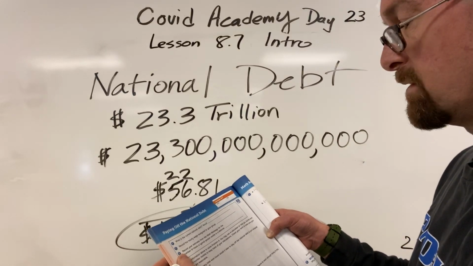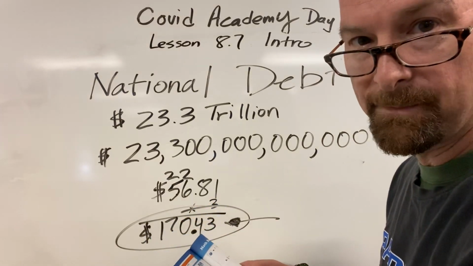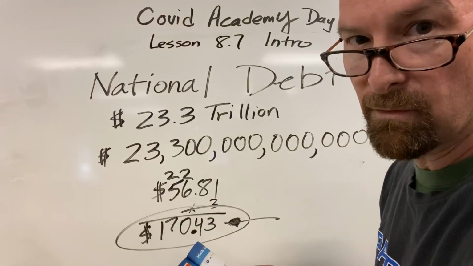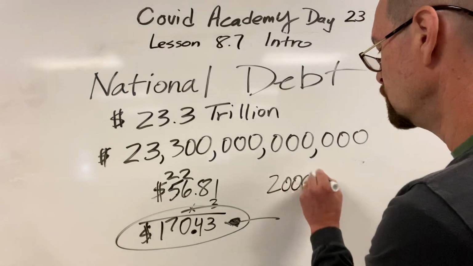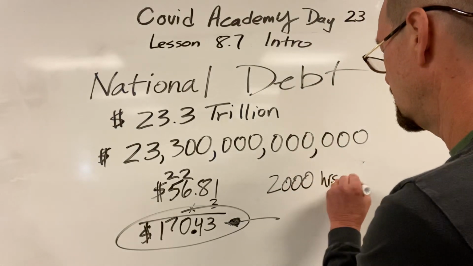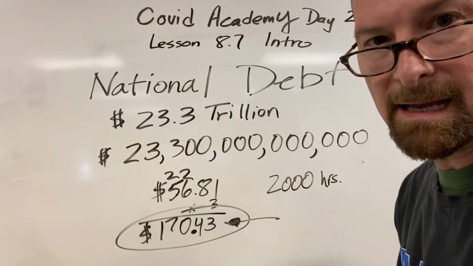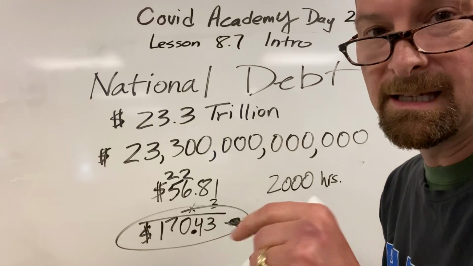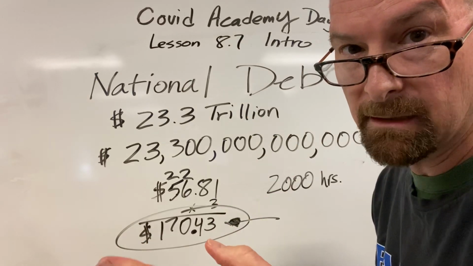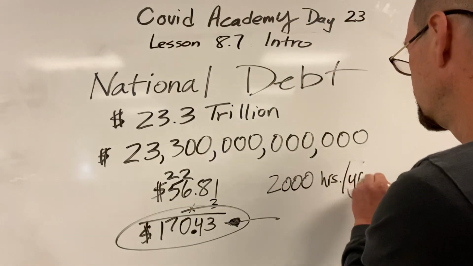Record your estimate from the math message for the number of hours a typical person works in a lifetime. I'm just giving you that information now. And it's going to be 2,000 hours. Okay? About 2,000 hours. Oh, wait, I lied. 2,000 hours is what a person works in a year. 1 year. 2,000 hours per year.